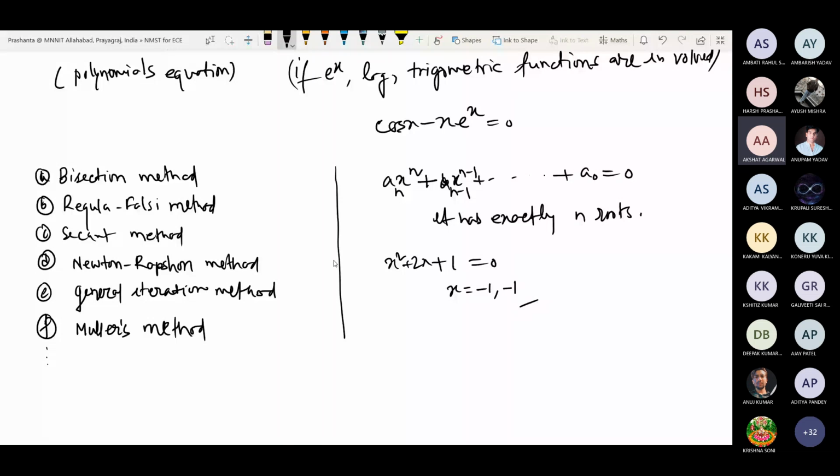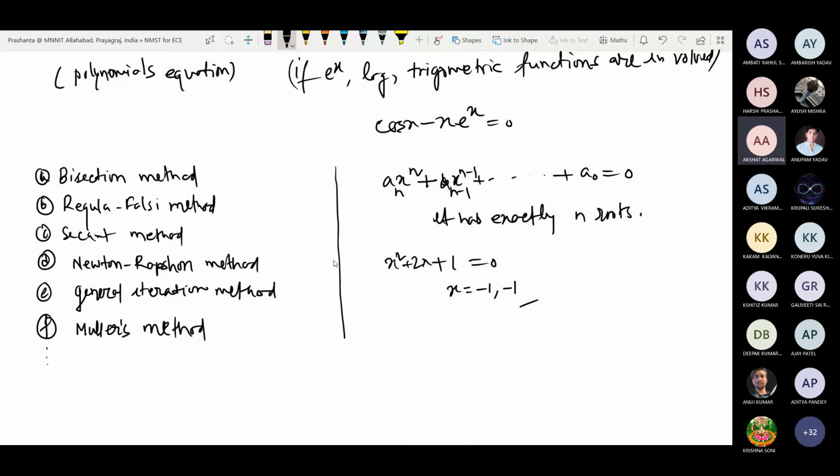Do you know what the definition of a repeated root is? When a root is said to be of multiplicity m, or first you tell me when a root is said to be a root of multiplicity 2, what is the criterion for that?